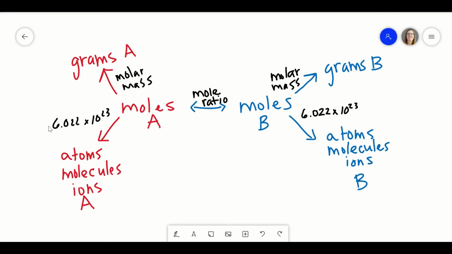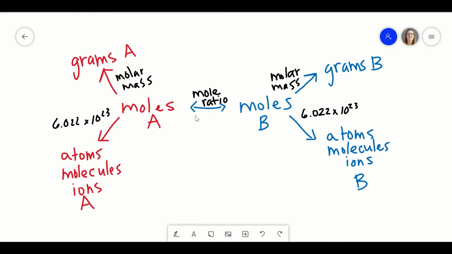We're also using Avogadro's number, which states that there are 6.022 times 10 to the 23rd anything in 1 mole of that thing. And a new one may be the mole ratio. This is another conversion factor, and we get it from the balanced chemical equation, and we will look at that as we solve a problem.